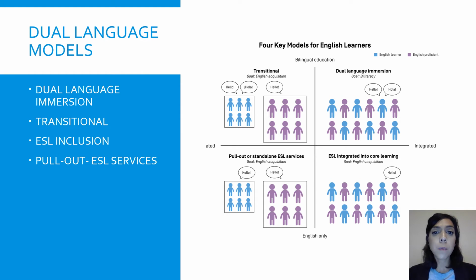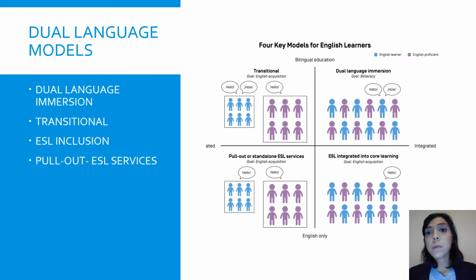You speak Spanish right here and you speak English right here, and that's fine. Like, we're gonna keep you separated. But in our dual language immersion, we have them all included. We have all of our students together speaking both languages. So that's our goal, our biliteracy. We have more programs than these, but the one program that has the most success is the dual language immersion.